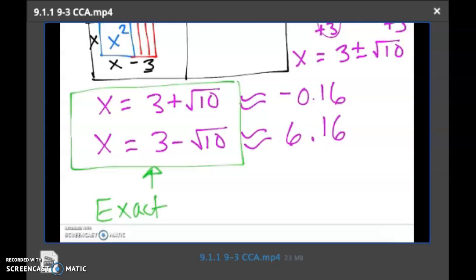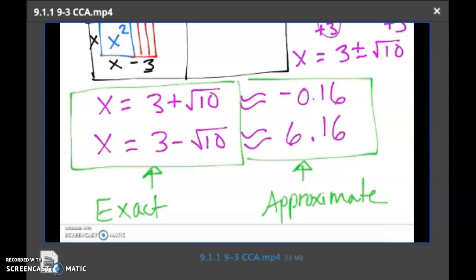And when we write it with the decimals where it's approximated, those are our approximate answers. So if we were to make a graph by hand, we would have to plug those exact answers into our calculator and get our approximate answers to be able to graph it.